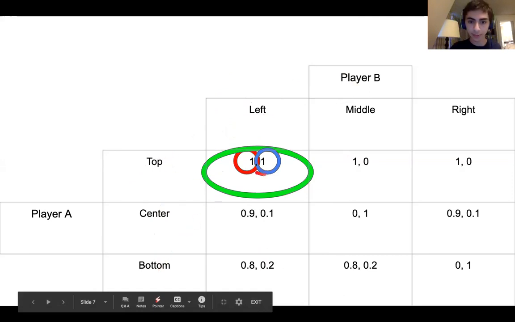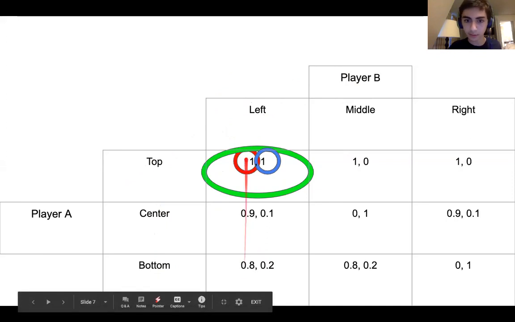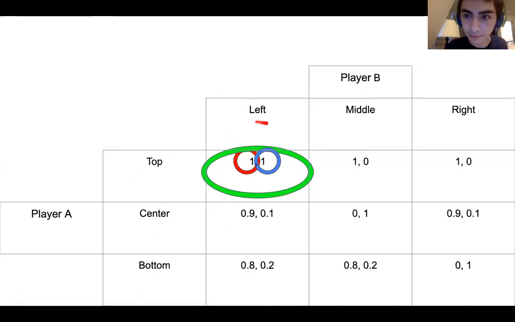If he switches from top to center, he goes from 1 to 0.9, and if he switches from top to bottom, he goes from 1 to 0.8. Similarly, if A is going to stick with top and B changes from left to middle, it goes from 1 to 0, and from left to right, again 1 to 0. So that's what Nash equilibrium is. Does everybody who missed it get that?